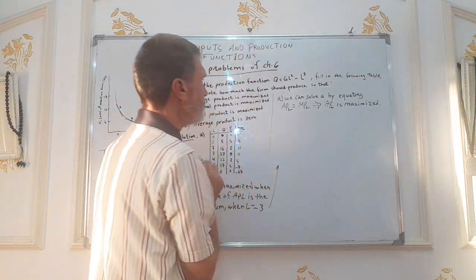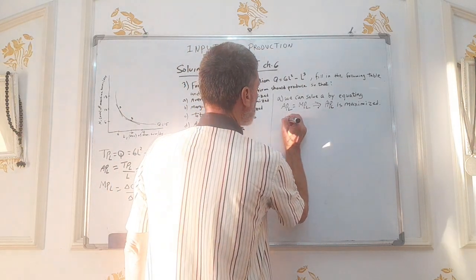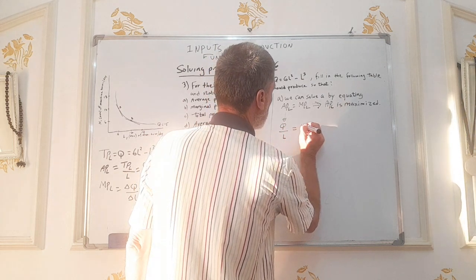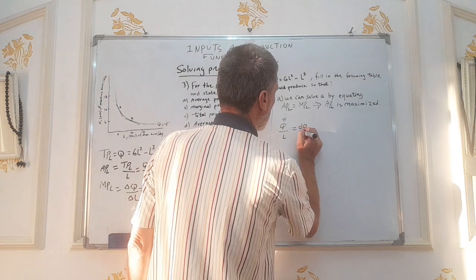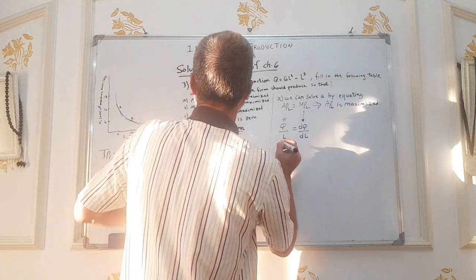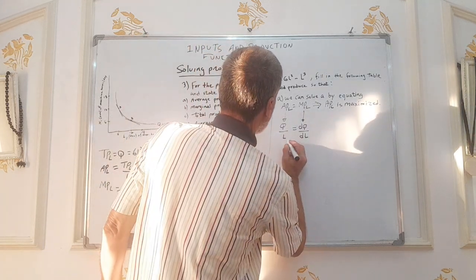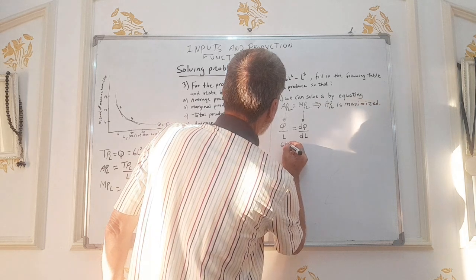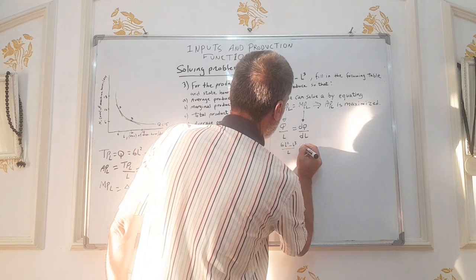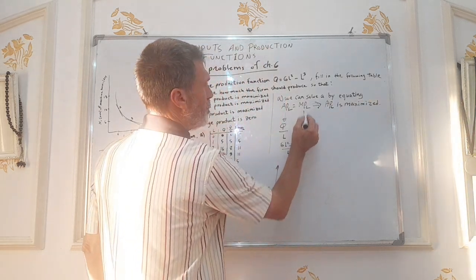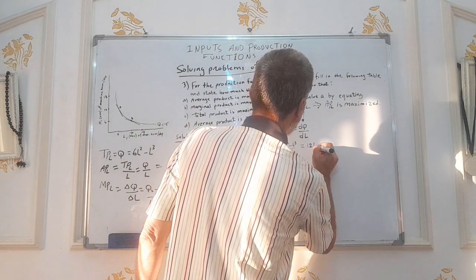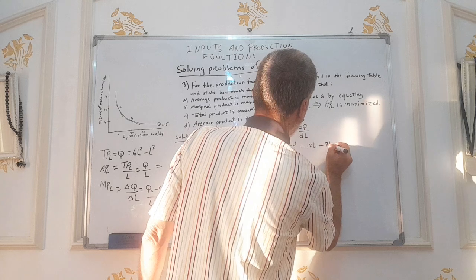So average product of labor is Q over L, and over here is delta Q over delta L. So Q over L, this is the Q over here, 6 L squared minus L cubed over L is equal to the derivative of Q with respect to L, which is equal to 12 L minus 3 L squared.